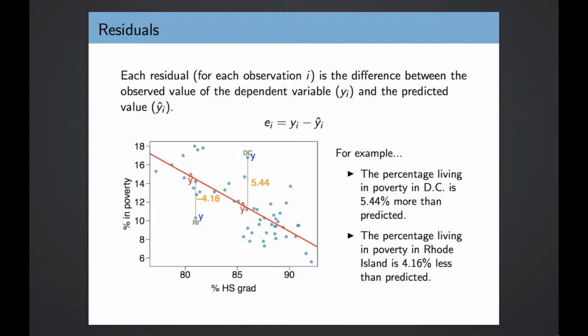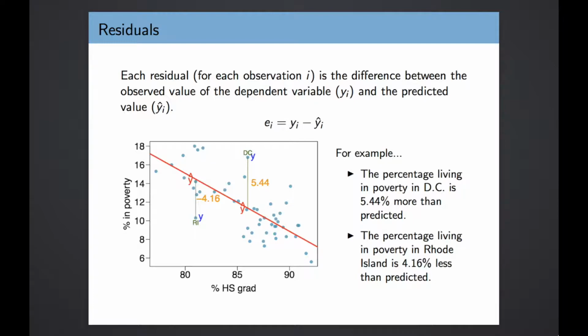There is a green dot above the regression line in the scatter plot, and that green dot is representing our data on Washington, D.C. We can see that we observe a poverty rate of a little more than 17% in Washington, D.C. But when we follow that straight down to the regression line, the associated predicted value for Washington, D.C. is only about 12%.